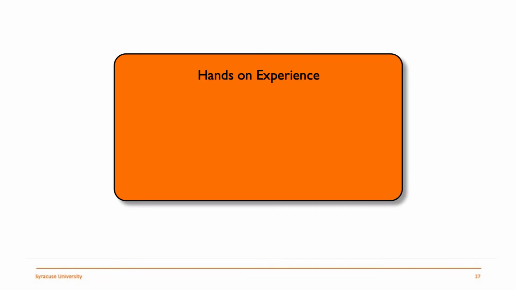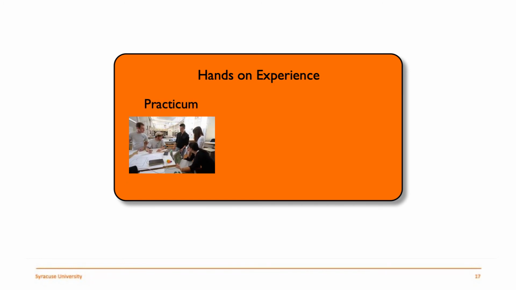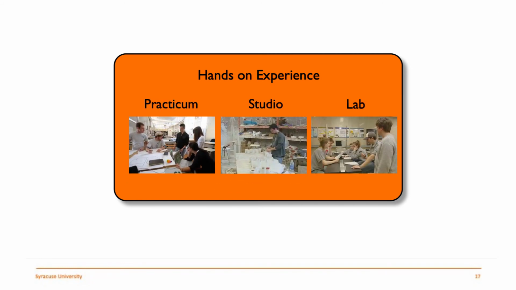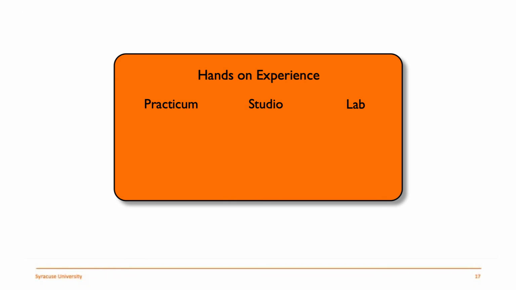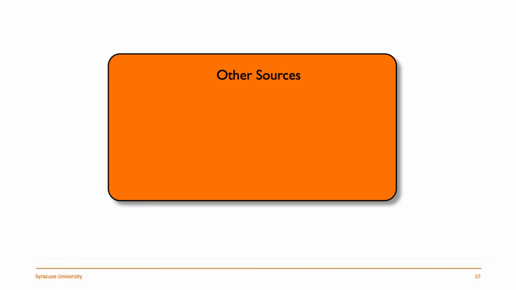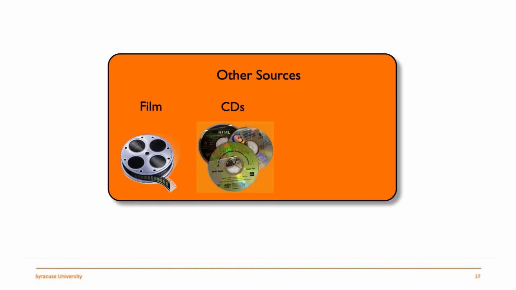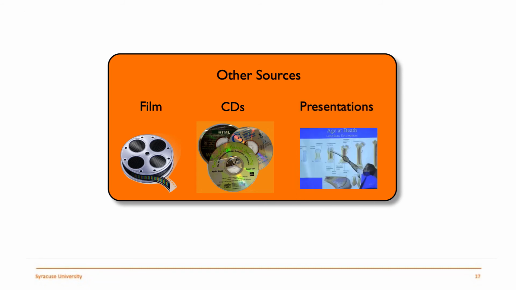Some classes have hands-on experience like a practicum or studio, lab, or performance. Those are the major sources of information for assessment in those courses. Additional kinds of sources, such as the film, CD-ROM, or viewing presentations, can also be major sources in a course.